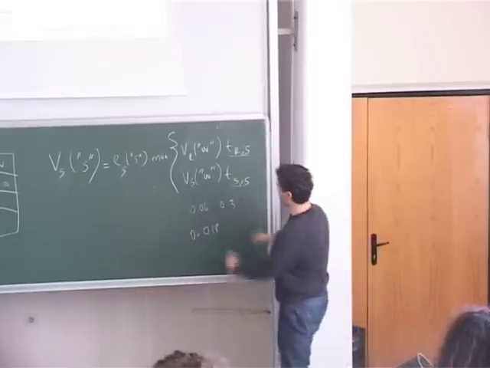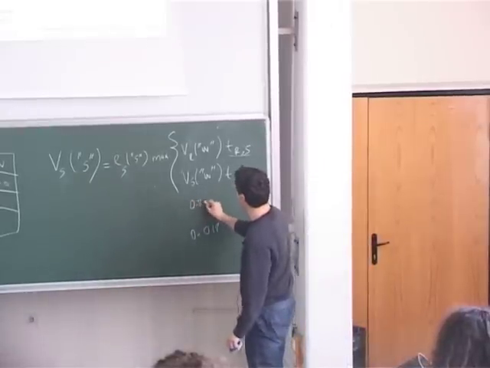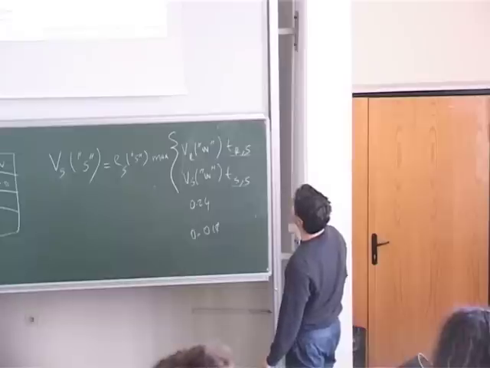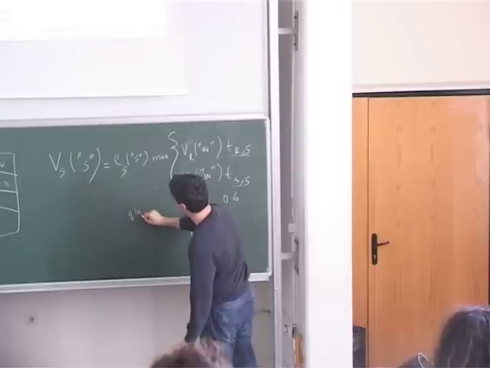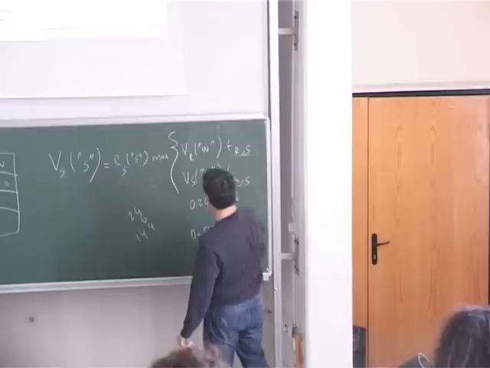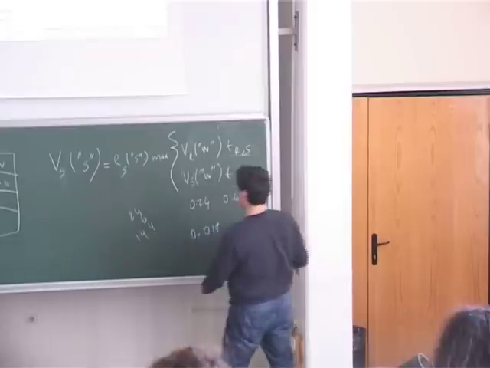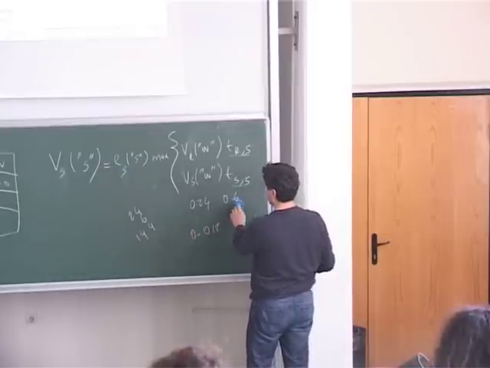And the other one is going to be 0.24 times transition from S to S, it's 0.6. So it is 0.144, right? Yeah.